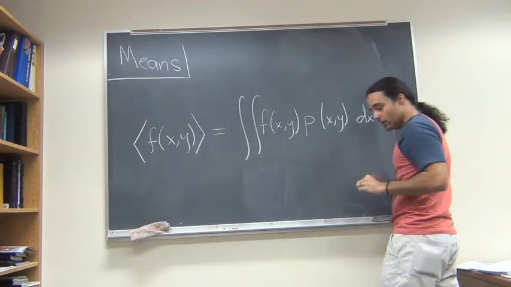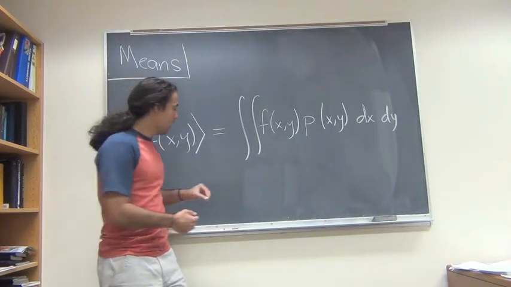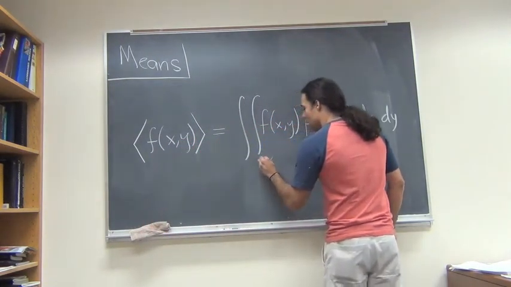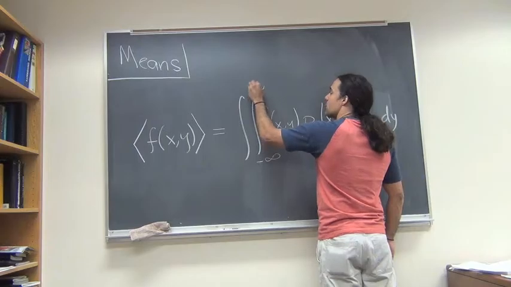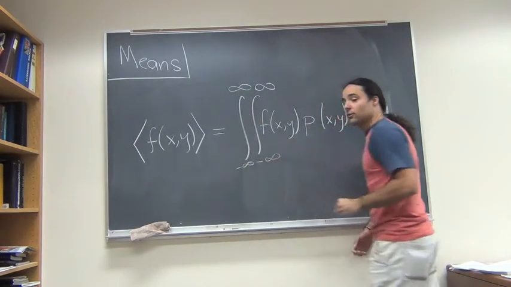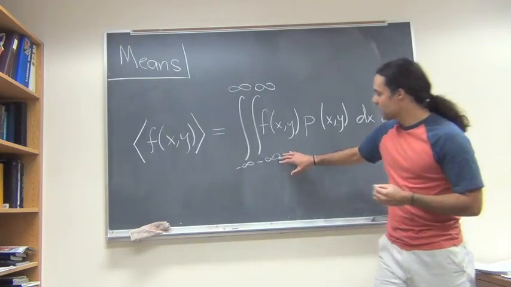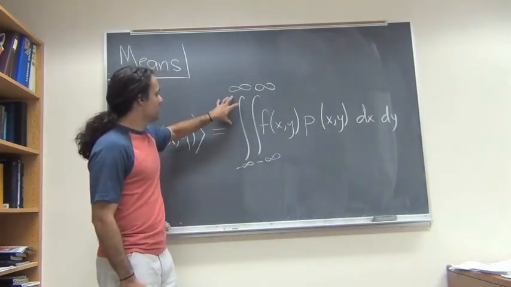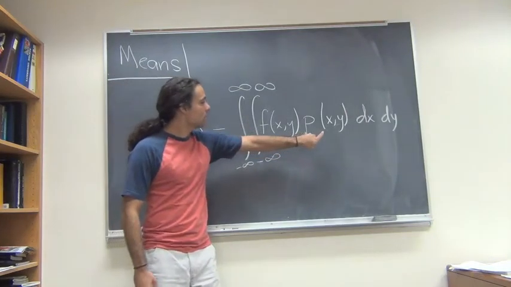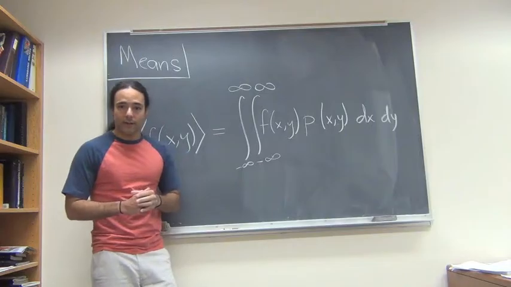So in this case, it's a two-dimensional integral. It'll be over dx and dy. And we'll also make sure that we cover the full range from minus infinity to infinity over both the x and y integrations. Okay, so I've got a double integral of the function times the joint probability density, integrating over dx and dy.